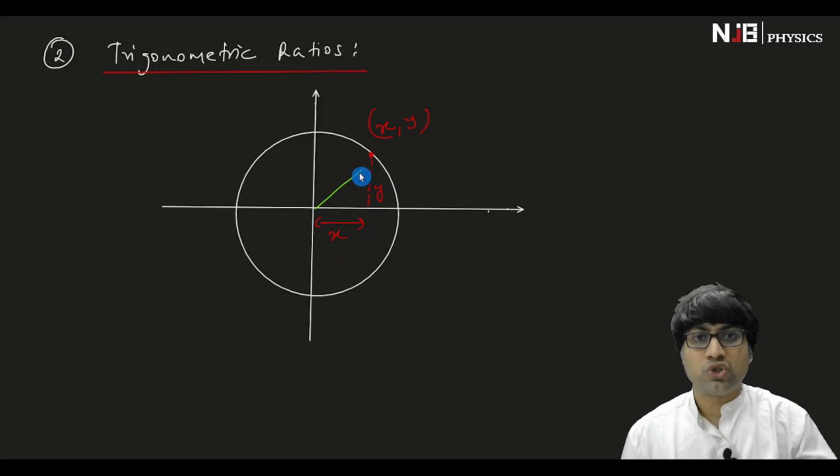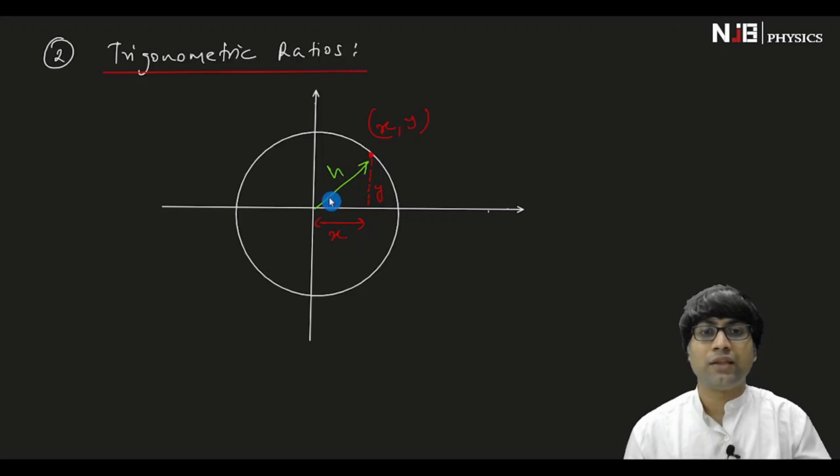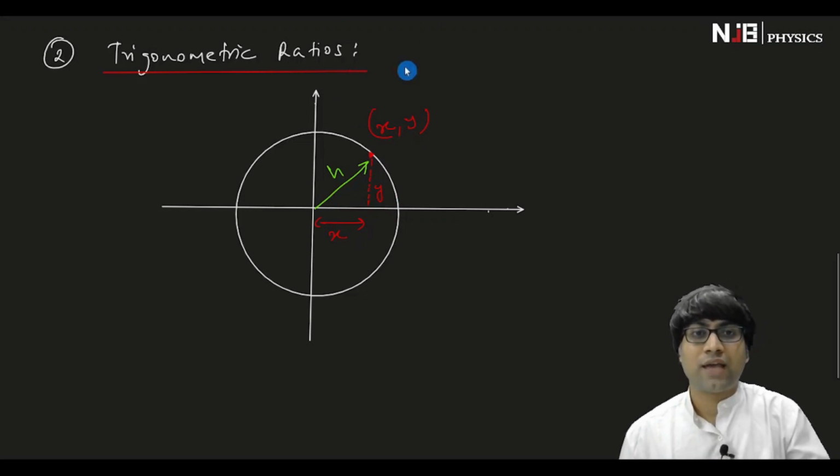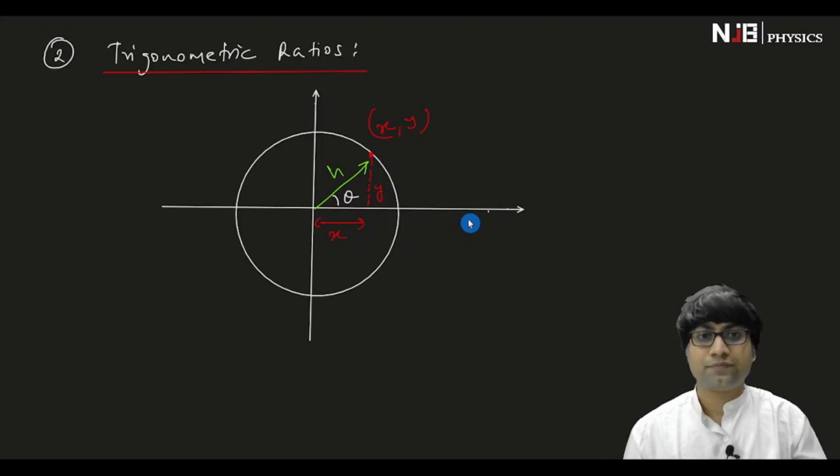If we join this point to the origin, let's say the length of this arrow is equal to h, and the angle made by this radius vector, shown in green, with the x-axis is theta. As this point rotates on this circle, this angle theta is going to change.